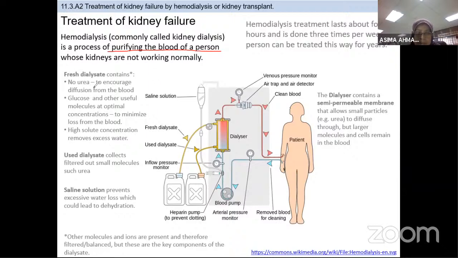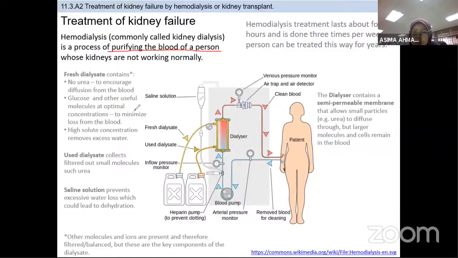Okay, so first they use this fresh dialysate, which contains no urea to encourage diffusion from the blood. And then glucose and other useful molecules at optimal concentrations. Okay, this is to minimize loss from the blood. Because kita tak naklah orang tu nanti, bila after undergo this dialysis, dia tak ada dah all of the useful substances like glucose and other like amino acid, everything, right?